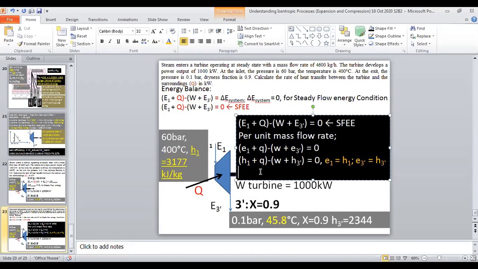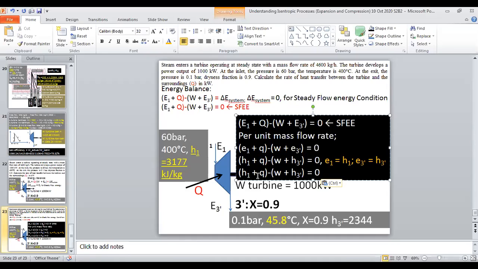So from here, you can take the work done. What is being asked? The heat transfer Q. You can derive Q from this equation.